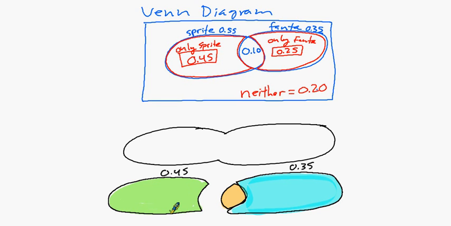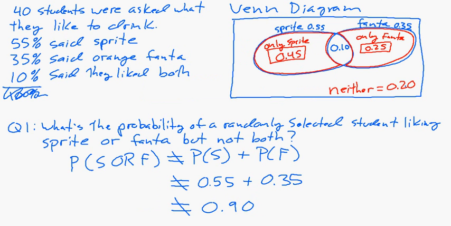Or we could do it another way, which is perhaps the more typical way, which is to say, all right, 55 and 35 are too much. It counts this middle piece twice, so let's just subtract that middle piece once.